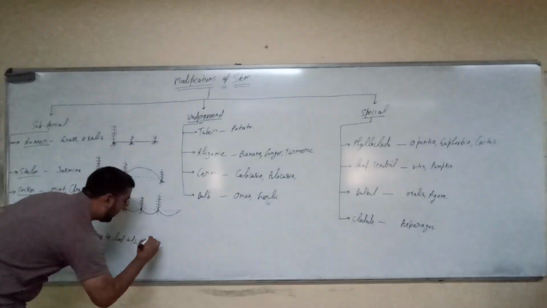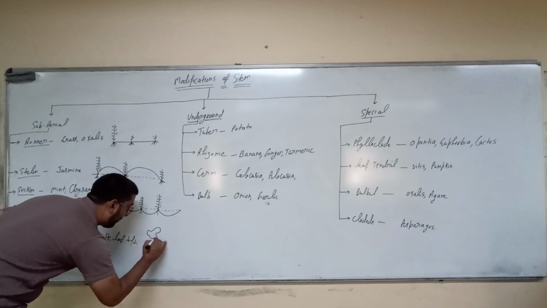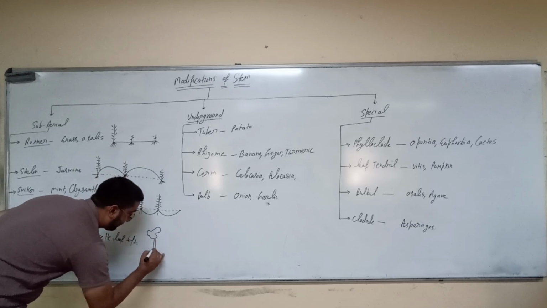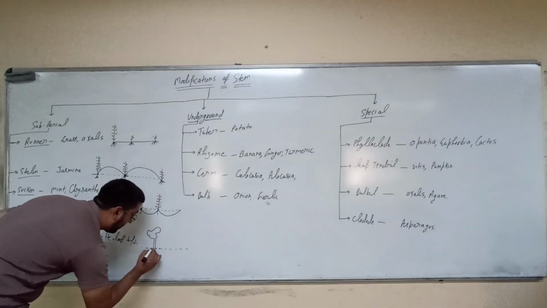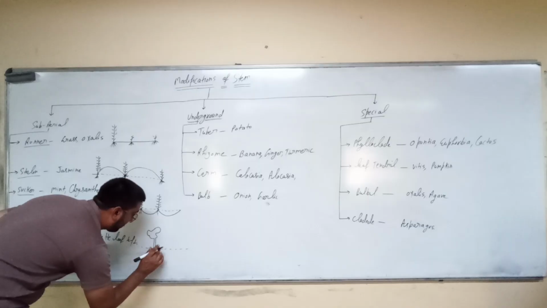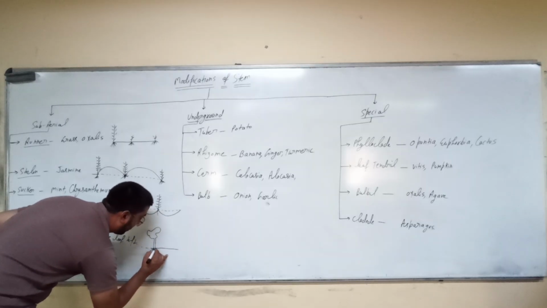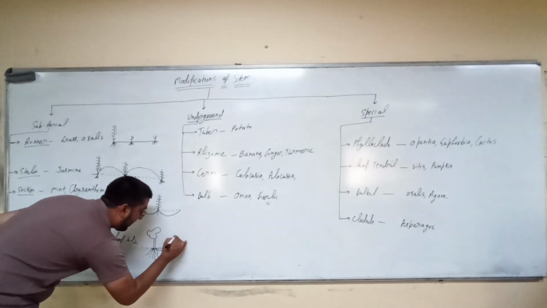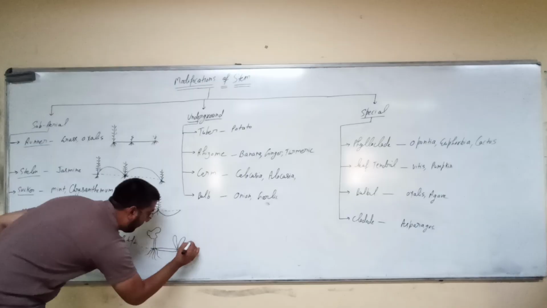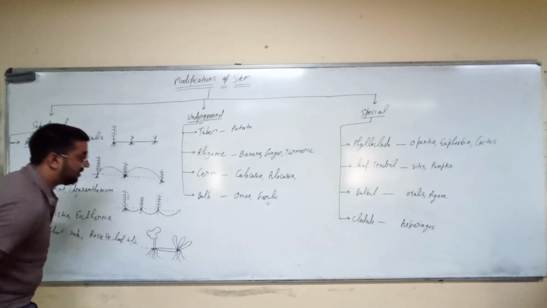It means this is a plant, and this portion is the underground portion, you can say the water. These are the roots. The offset moves like that. This one is the node, and they prepare a rosette of leaves like that, and again roots arise downward.